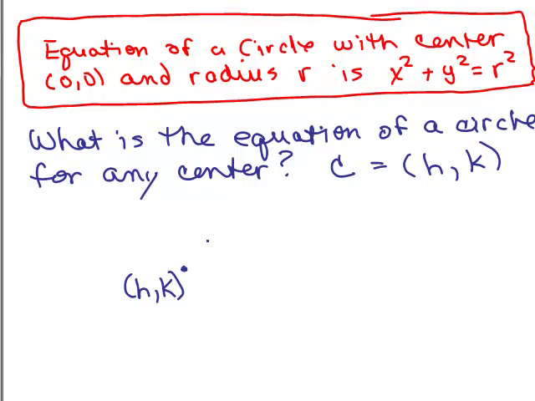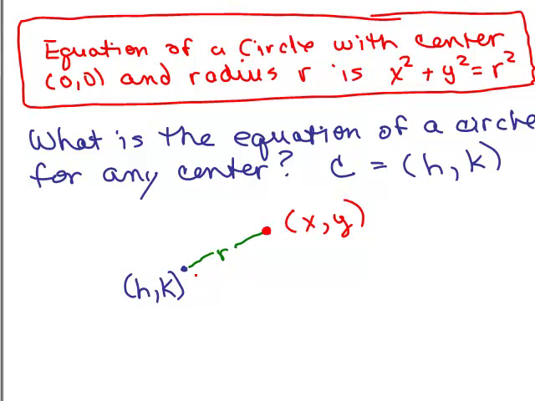And that goes to how far it is, the distance to some point on the circle. So I'm going to say this red point is a point on the circle, all right? It's r units away from (h, k). Remember, a circle has infinitely many ordered pairs, so this is a general ordered pair (x, y).